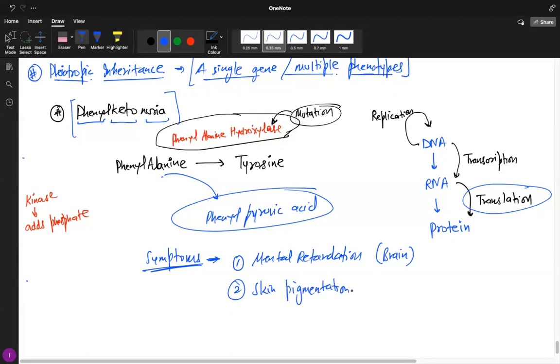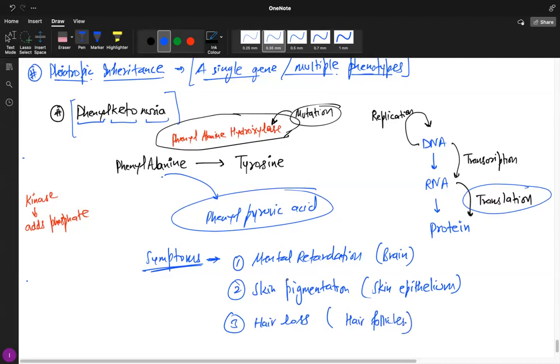So skin pigmentation is affected, which means it is affecting the brain, it is affecting the skin epithelium. These two are very different tissues, right? It also affects the hair follicle. So there is hair loss in small kids. Hair loss means what is affected? Your hair follicles.